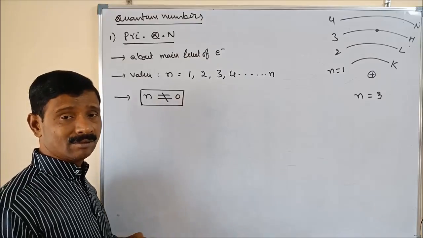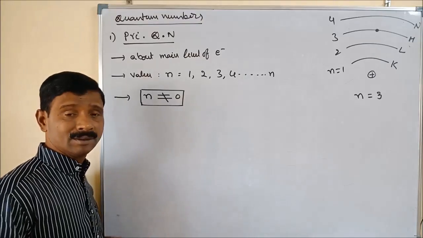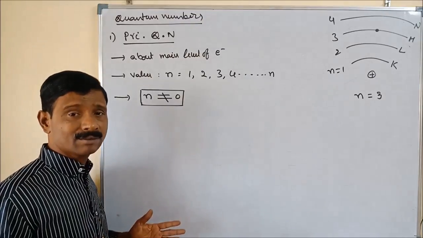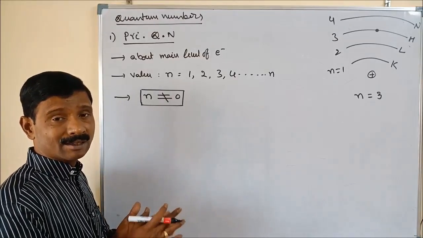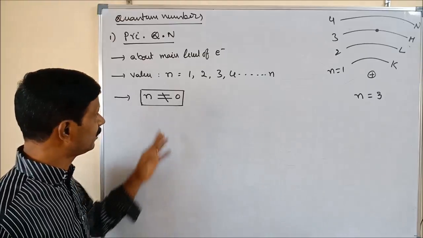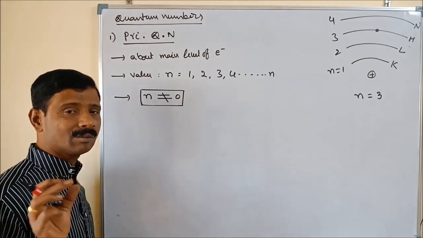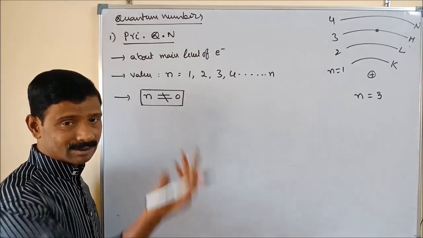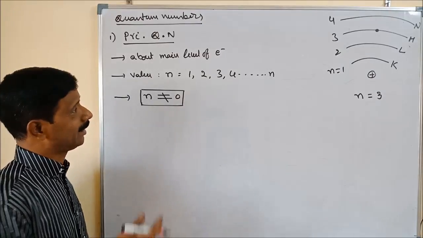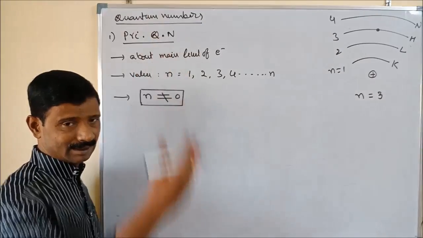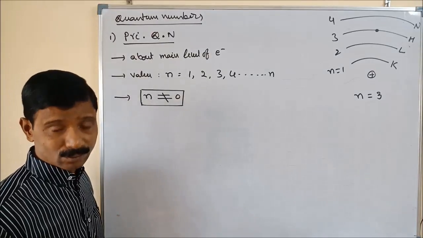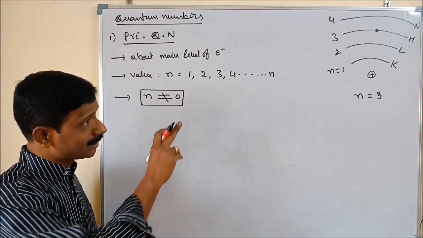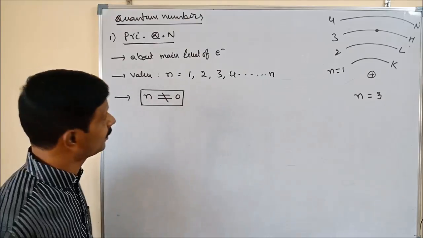This point is very important because there are questions where we have to verify whether the given set of quantum numbers is correct or not. At that point, first remember n should not be equal to 0. It is always greater than 0, like 1, 2, 3, 4, 5. And it should not be a fraction either, 1.5, 2.5, no chance, because that is the number of the orbit.